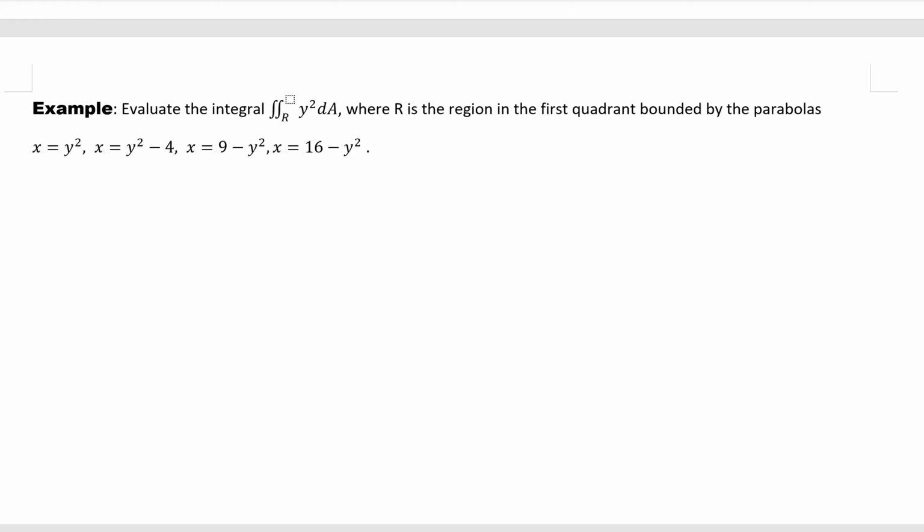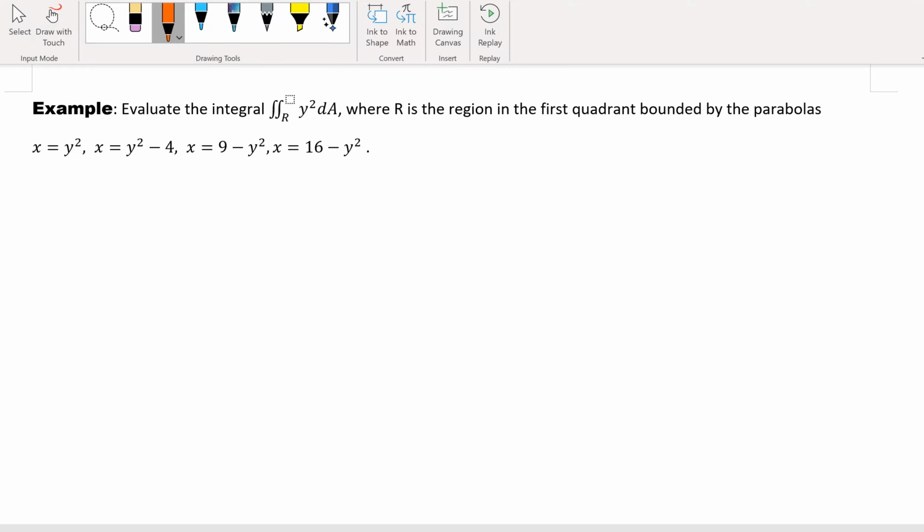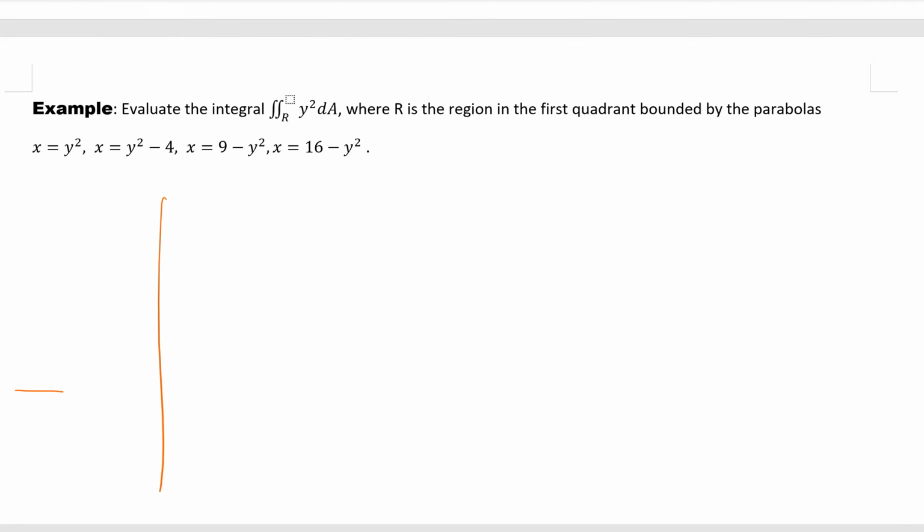Okay, let me draw the picture. First quadrant, okay, so x equals y squared. Oh, and in this problem, the boundary functions are already given. So x equals y squared is like that, right? X equals y squared minus 4 is the same shape.